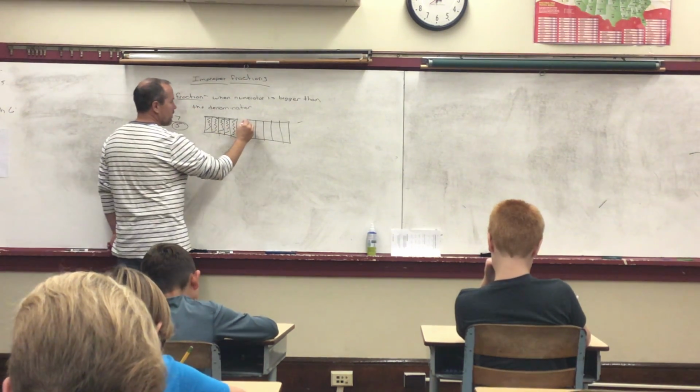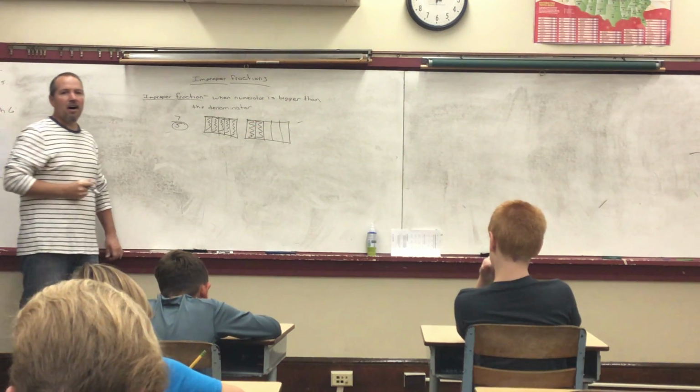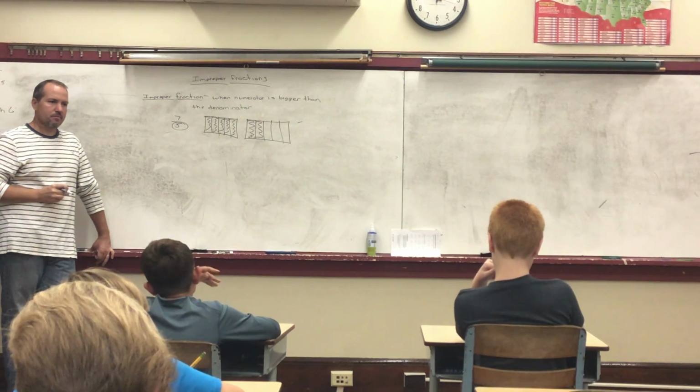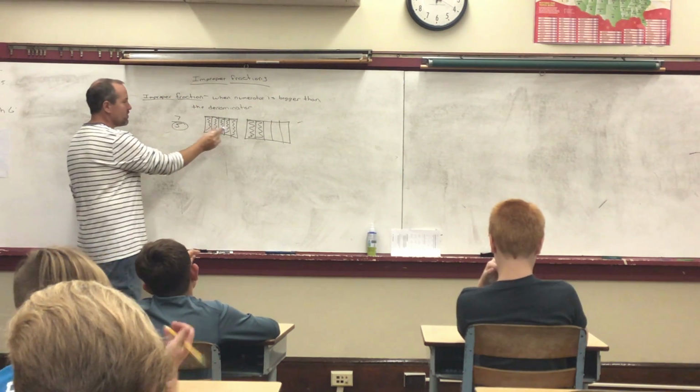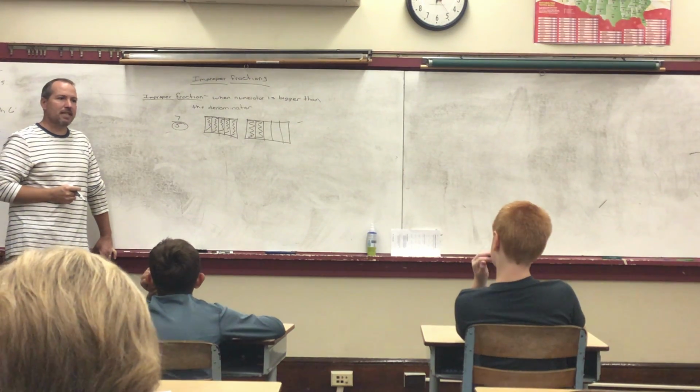And then we would need to color in 2 more of another whole. Now we have 7 sections colored in, and each of our whole ones is broken into 5 sections.